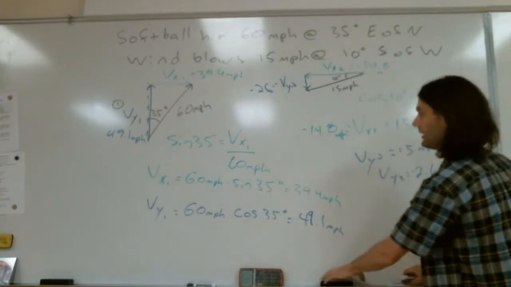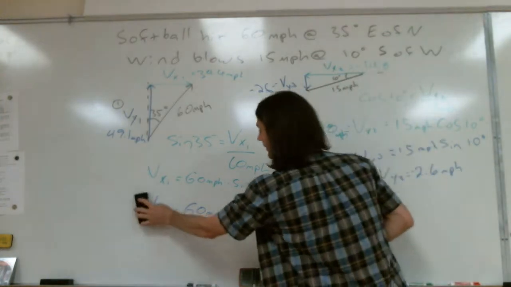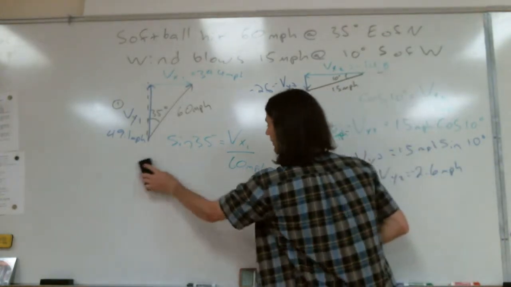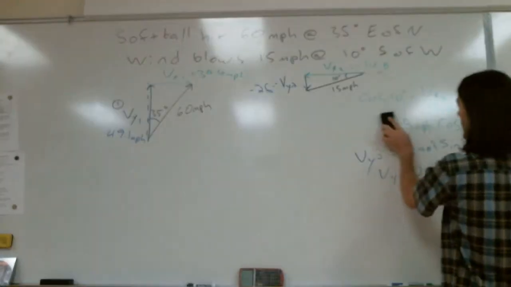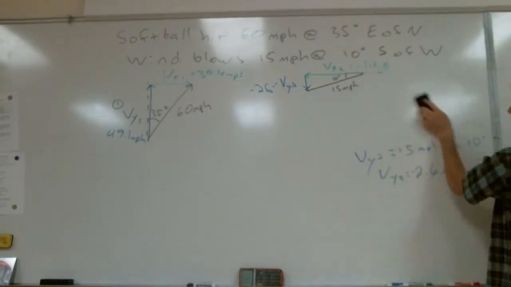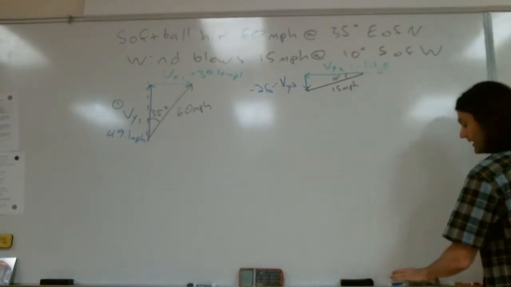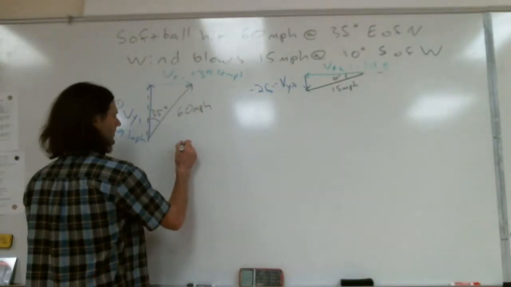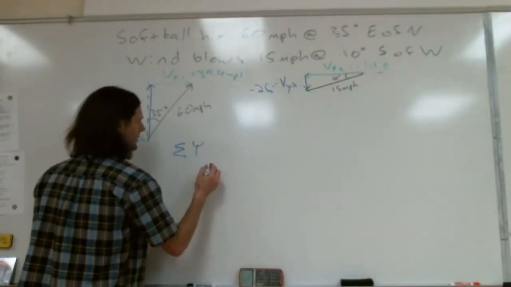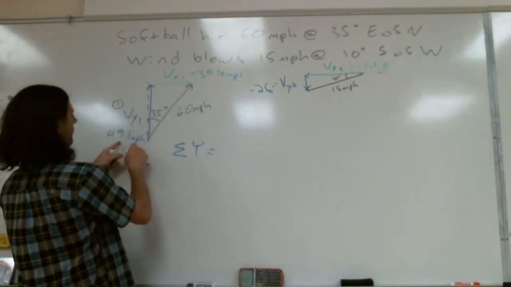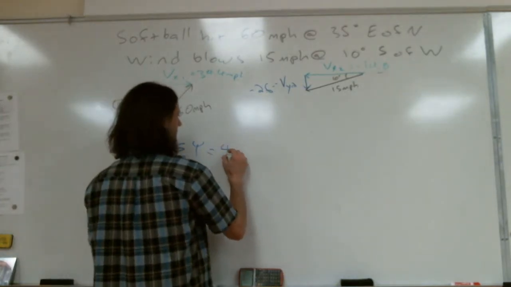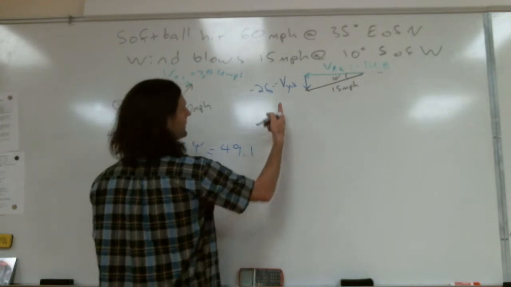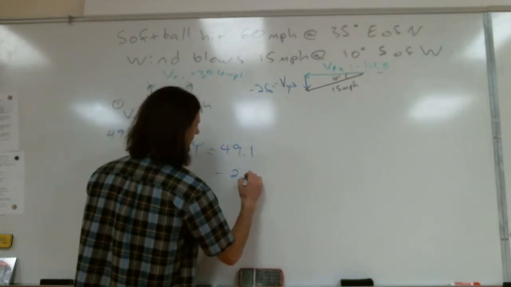Then I need to get rid of this so I can draw my last triangle, which is the sum of the x and sum of the y. So, sum of the y's are 49.1 minus, in this case, 2.6.